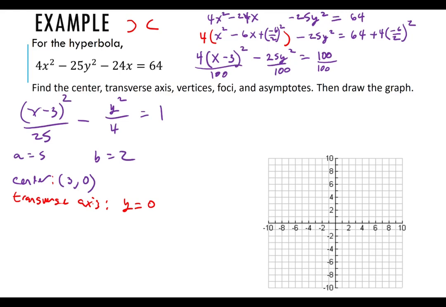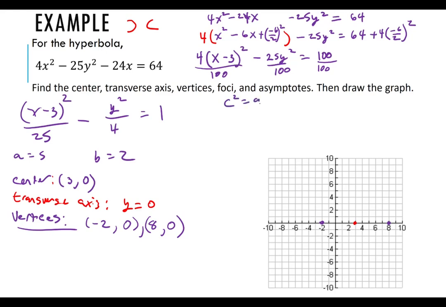So since the center is (3, 0), and my transverse axis is horizontal, I know that to find my vertices, I just go to the right a distance of 5, 1, 2, 3, 4, 5, and to the left a distance of 5, 1, 2, 3, 4, 5. And so then I know that my vertices are specifically (-2, 0) and (8, 0). Then my foci, I just need to find what c is.